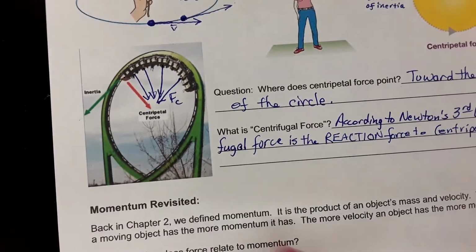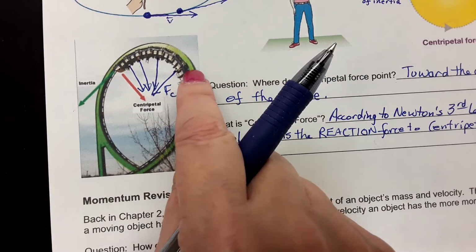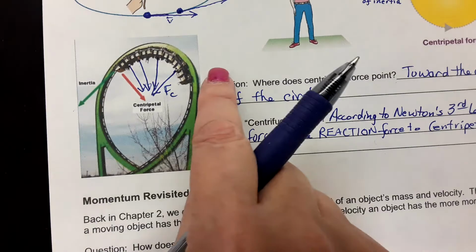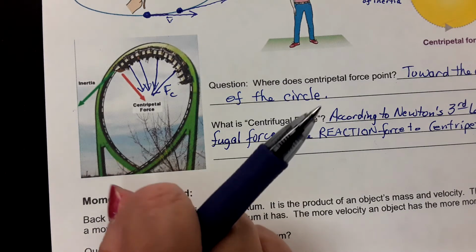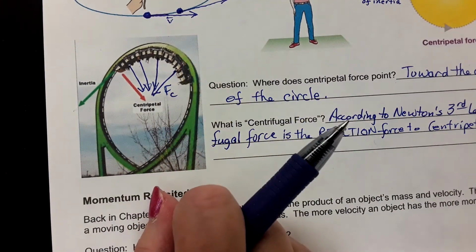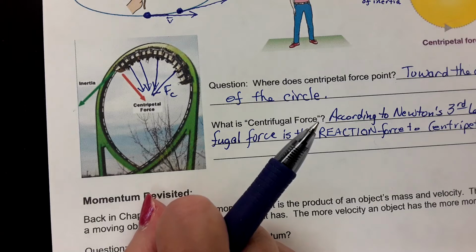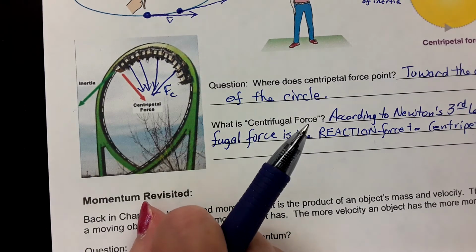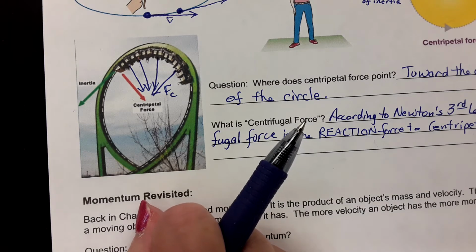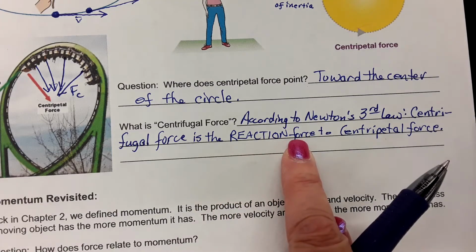Again, right here on the roller coaster, the track pushes in on the car, and the car pushes outward on the track. That would be the centrifugal force. And again, it acts on the track, which is not the focus object. The cars and the people are the focus objects. So we only care about the forces acting on them, not what they might do to other objects like the track. So centrifugal force could be considered a reaction force to centripetal force.